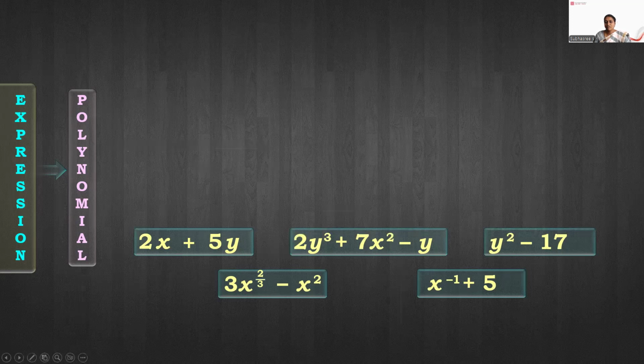Here in the questions you can see the first, 2x plus 5y, the second, 2y power 3 plus 7x square minus y, and the third, y square minus 17. The fourth question has a fractional degree. And the next one also, x power minus 1. Negative powers are not considered polynomials.